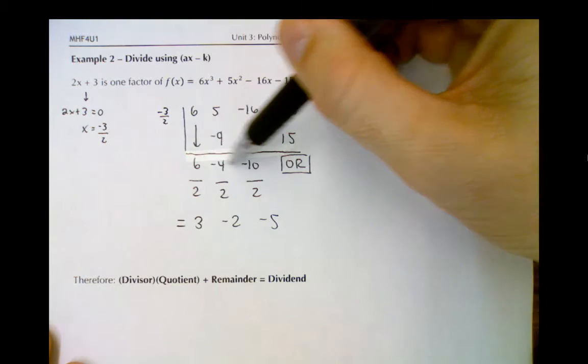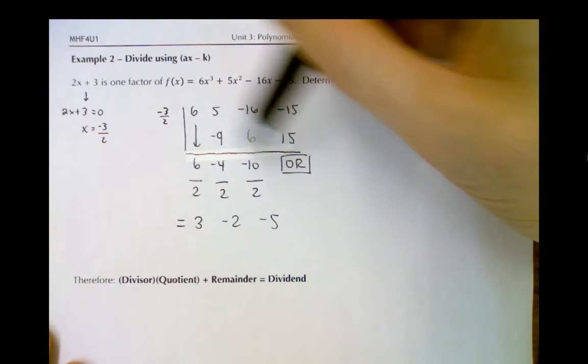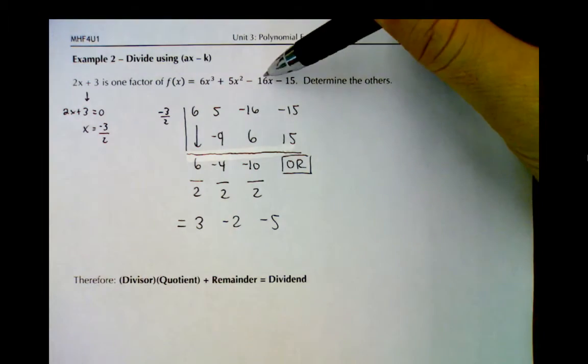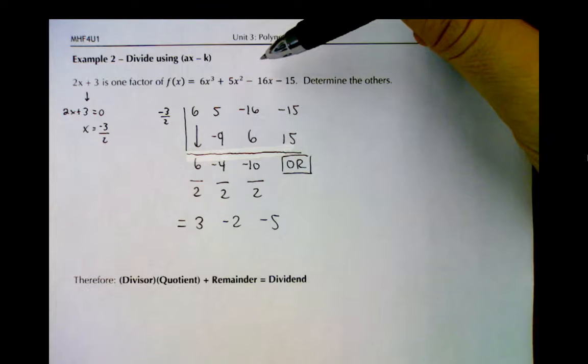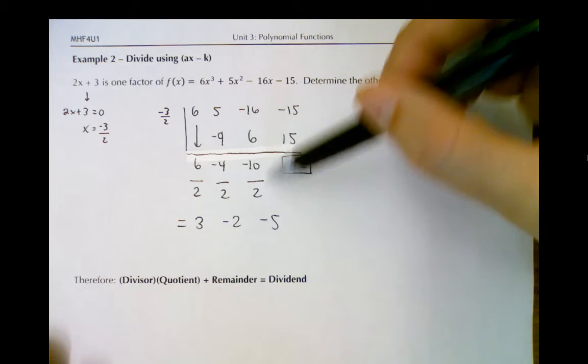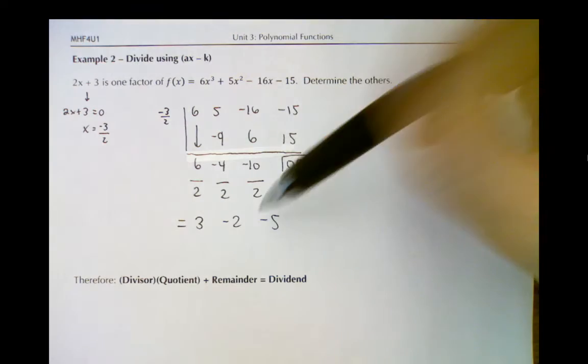Try writing this as a quotient and taking that as your divisor and expanding it out and seeing if you get back your original polynomial. You don't. What you'll get back is a polynomial that'll be scaled off much higher by a factor of 8. And we don't want that problem. So if we divide each of these coefficients by 2, we get the appropriate coefficients.